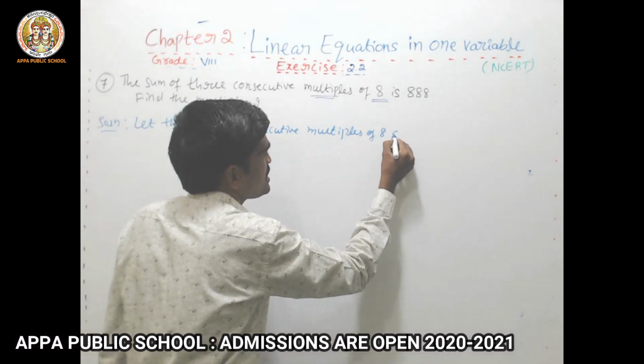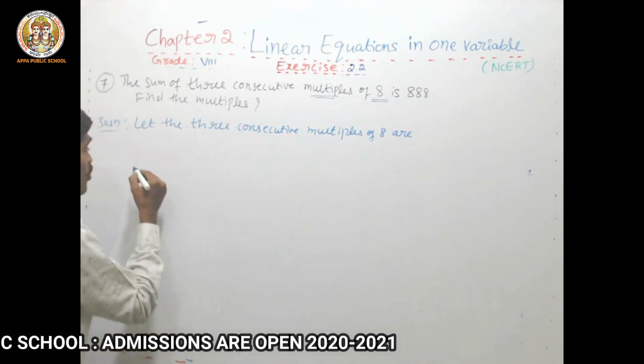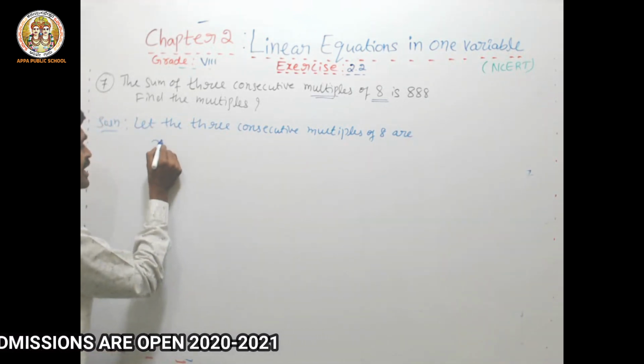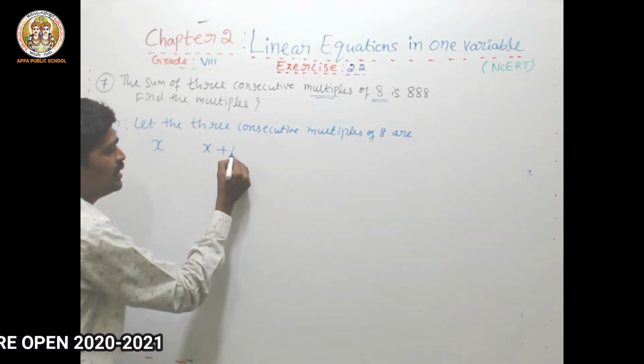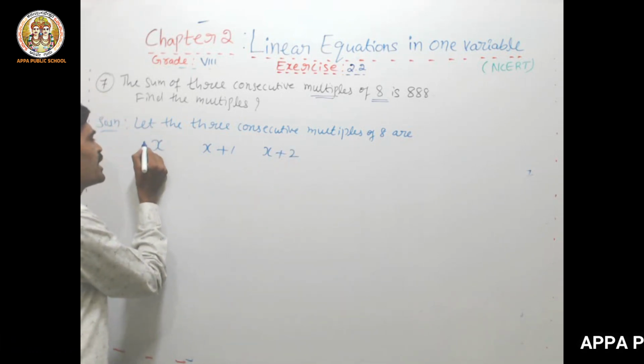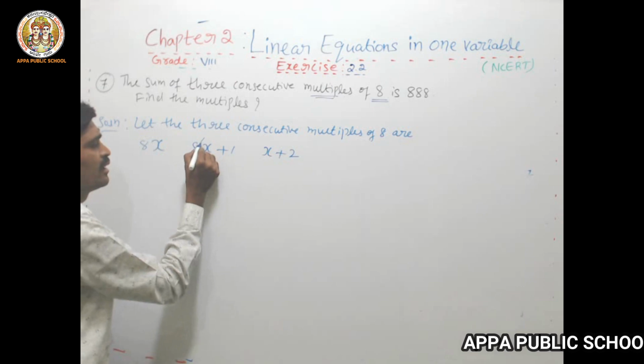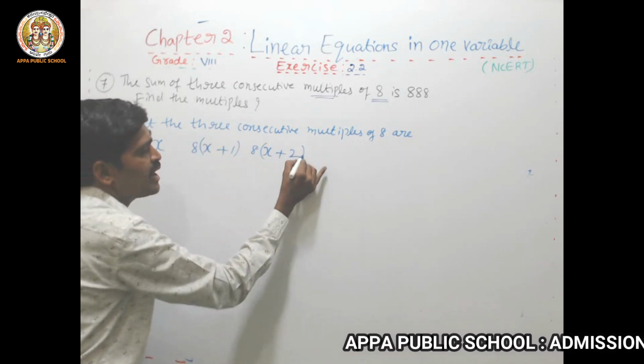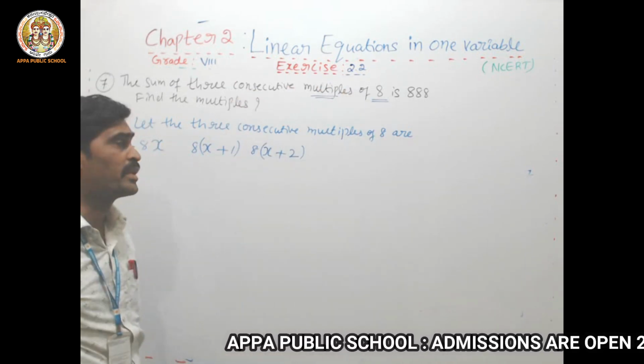of 8 be. First, what we considered in the previous problem, we took x, x plus 1, x plus 2 as consecutive numbers. There we have to multiply with 8 compulsorily. Why we have to multiply? Because they told in the statement.